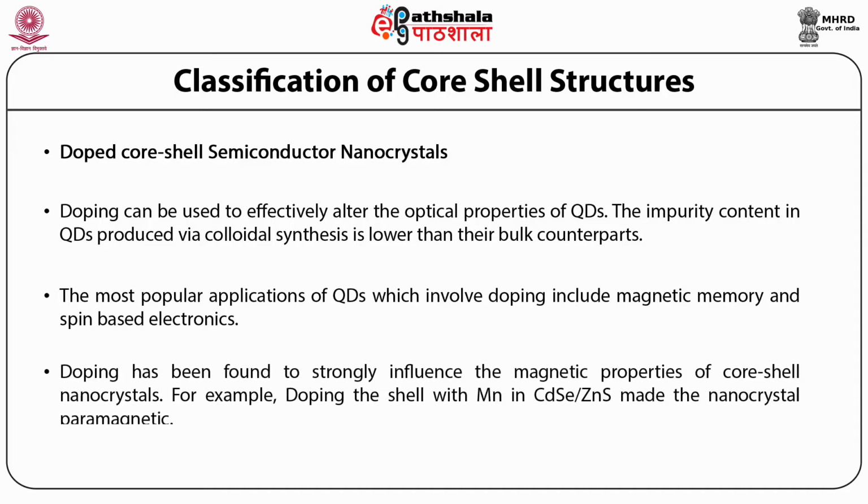Doping has been found to strongly influence the magnetic properties of core shell nanocrystals. For example, doping the shell with manganese in cadmium selenide zinc sulfide heterostructure made the nanocrystal paramagnetic.